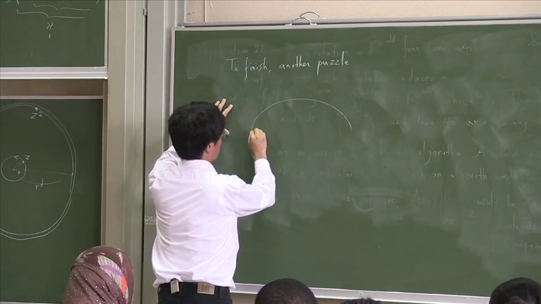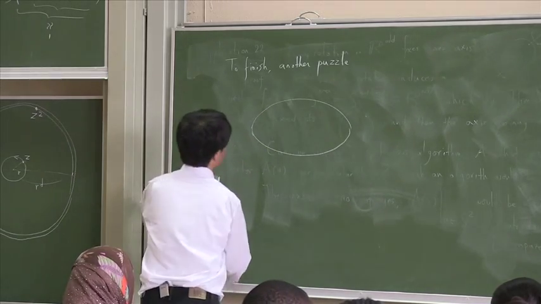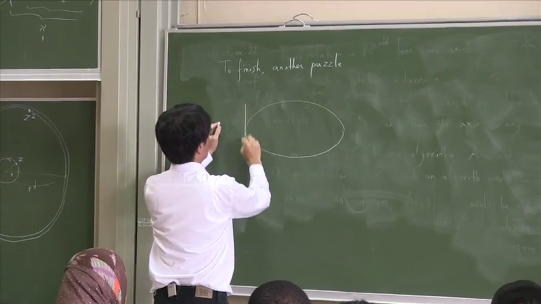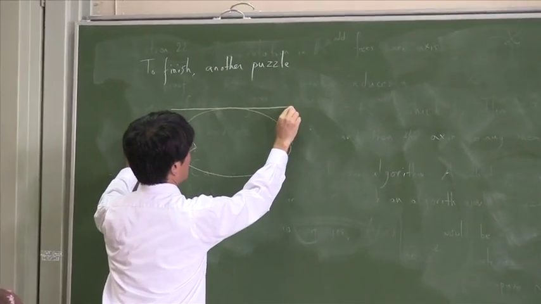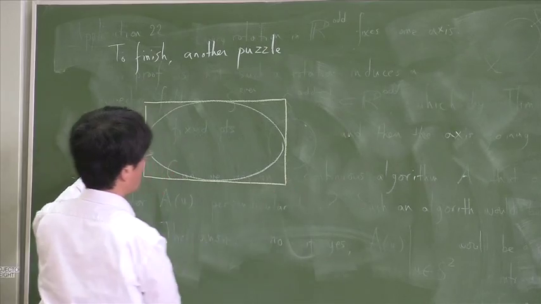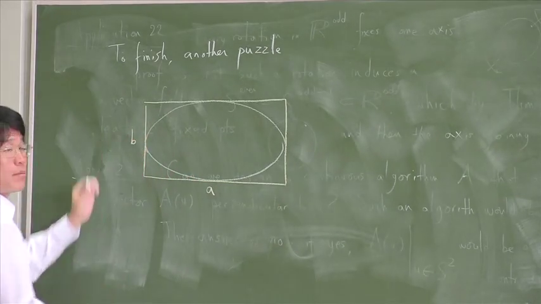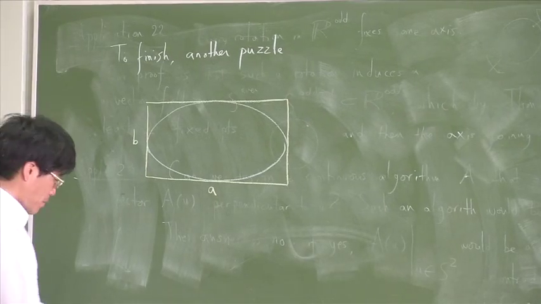Let's consider the following picture. I'm going to draw the picture in a certain order so as to make a beautiful picture. Let's have a rectangle, yellow rectangle, whose sides are A and B. Okay?